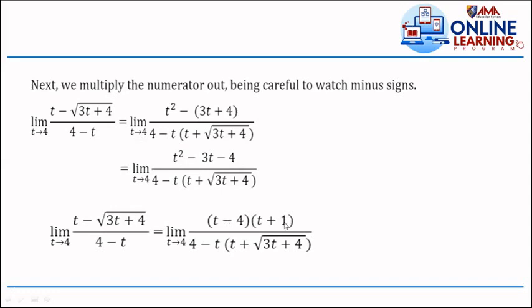Sa denominator naman, saan natin makikita yung t minus 4? Ito siya, 4 minus t. So, baliktad siya, no? Dapat t minus 4. Eh, dito, 4 minus t. So, paano natin gagawin t minus 4? Pag gagawin natin t minus 4, dapat i-multiply natin ito ng negative sign.